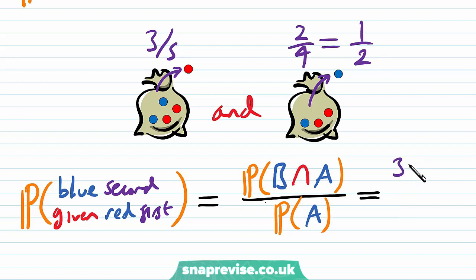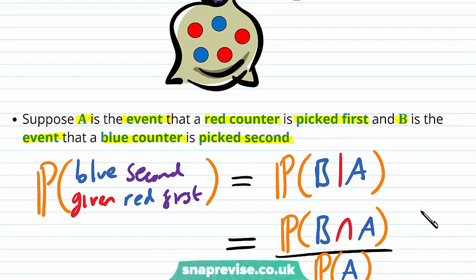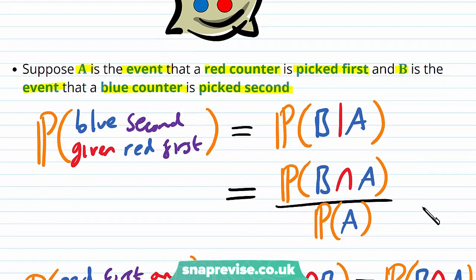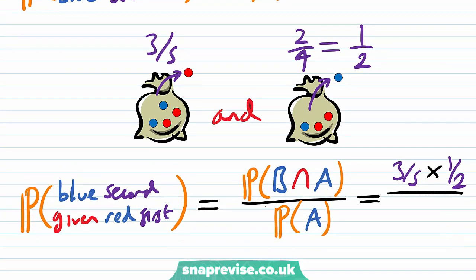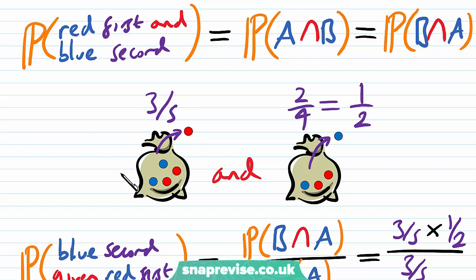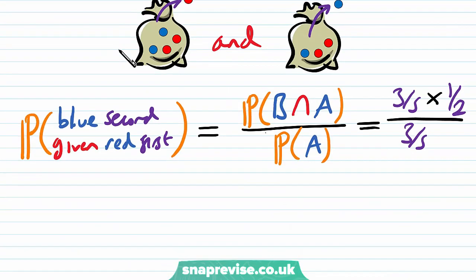So we have 3/5 multiplied by 1/2 as our numerator, and our denominator is the probability of A occurring, and A is the event that a red counter is picked specifically first, and therefore this is also going to be 3/5 because we considered that above. This was our first case, a red counter being picked first. And therefore these cancel out and we get specifically 1/2 as our final answer.